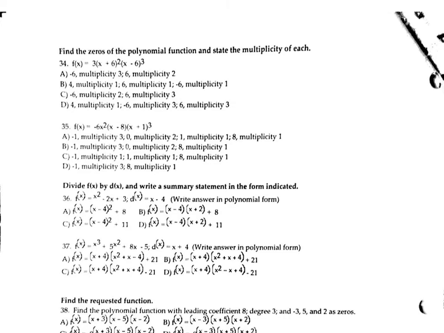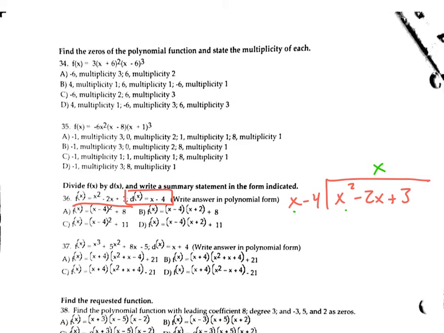If we look at something like 36 and it says divide f of x by d of x, this is something we haven't done in a while. Take f of x, x squared minus 2x plus 3, and we're dividing by d of x, so we're dividing x minus 4 into that. If you think back, x times x would give me x squared, and I need to multiply back to see what's left.